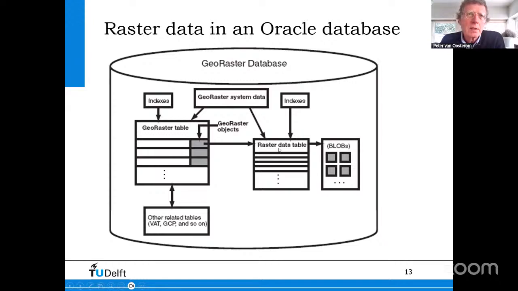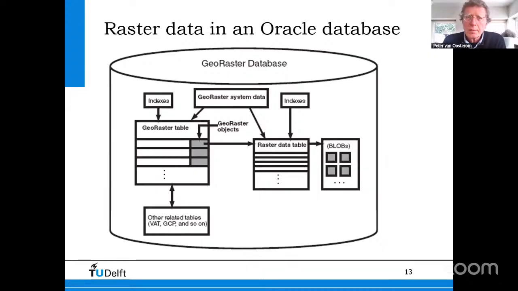And the raster data table is, say, the collection of the tiles with their extent. And then the cell values are typically efficiently stored, often compressed in so-called binary large objects, blobs.